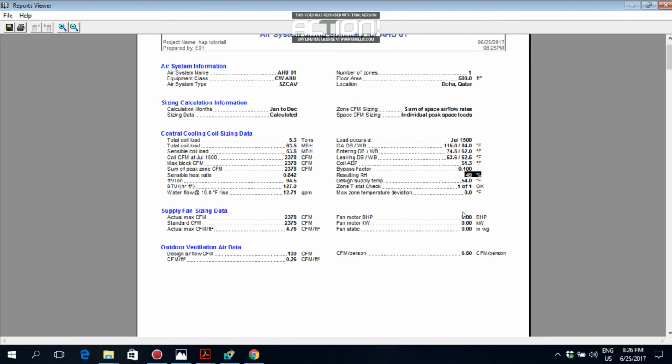This is 49%. If you are an experienced HVAC engineer, or if you have basic knowledge, the main important comfort conditions we must achieve to get the proper result are that the temperature must be within the range of 21 to 24, which we already entered in the thermostat settings, and the relative humidity must be 50%.